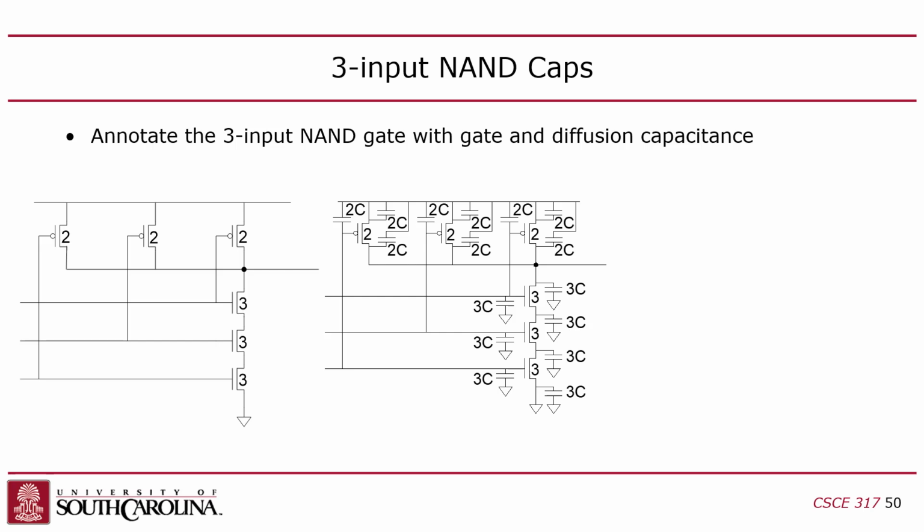Now you might say, wait, in the inverter we eliminated all of them, right? But with this we can't. I think we can eliminate them for these guys. For the pull-ups, I think you can get rid of the drain capacitance, because remember, you can get rid of any capacitor where both sides are at the same voltage, right? But the drain capacitors of the NMOSs, you can't get rid of because they're connected in series, right?